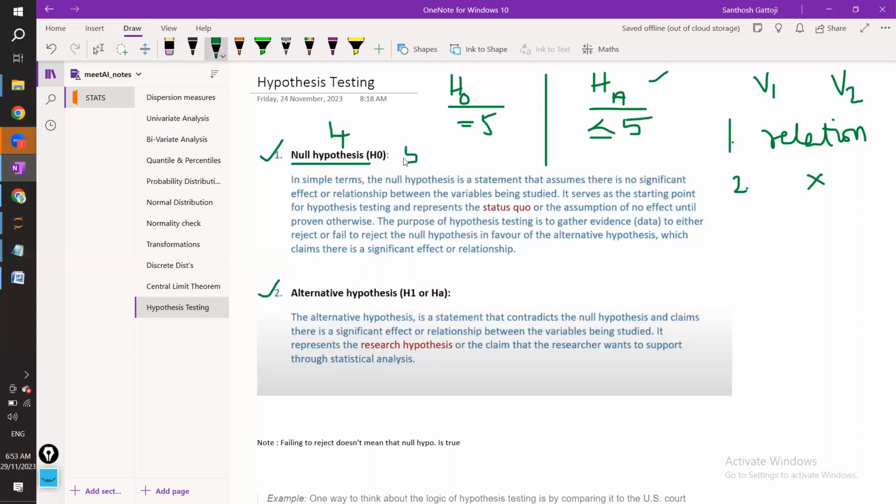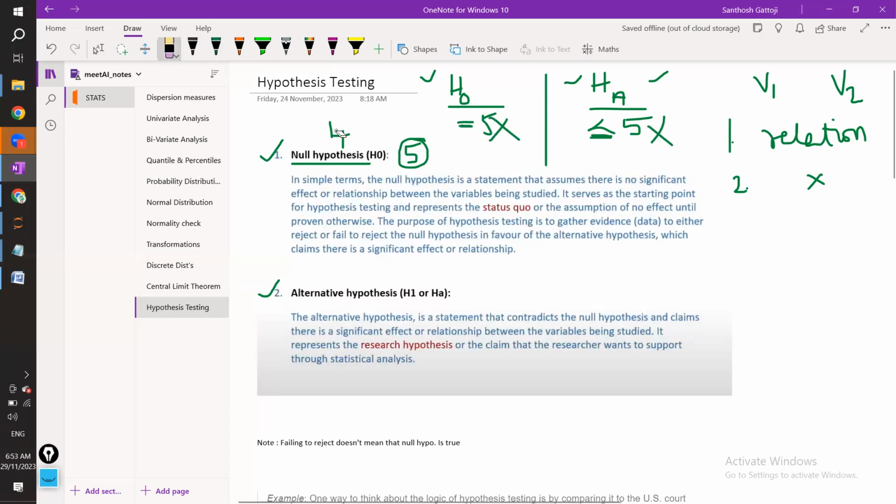But if I say 5, it can be null or it can be alternate, because this is also equal to 5, this is also less than or equal to 5. Getting? If we frame it this way, when the value is actually 5, you cannot choose any one of these. So that's the reason we will not choose it this way.